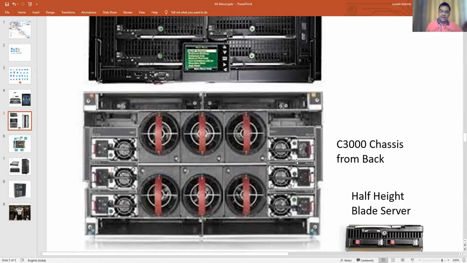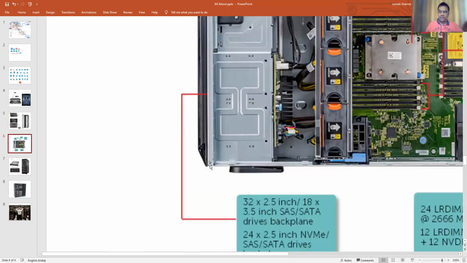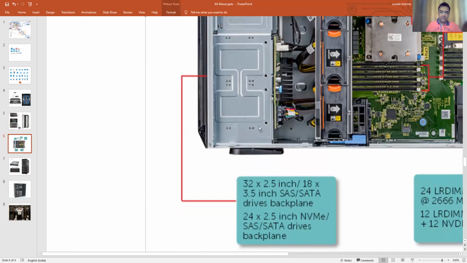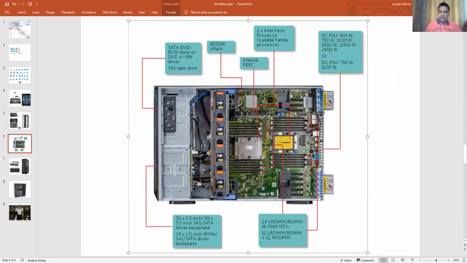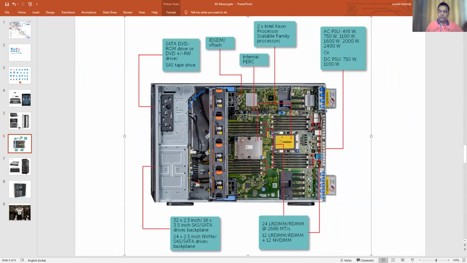What it means is that if a server is there, let's see the server. Okay, this is the server. As you can see, there are two power supplies, and there are multiple network devices. There are multiple RAM slots as well, multiple CPU slots as well, multiple disk slots as well, right?